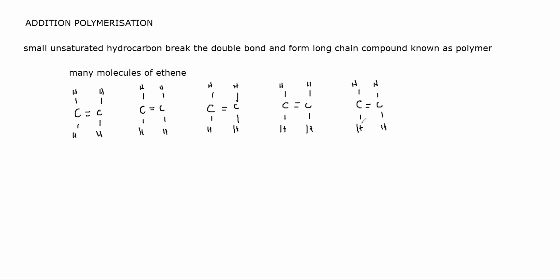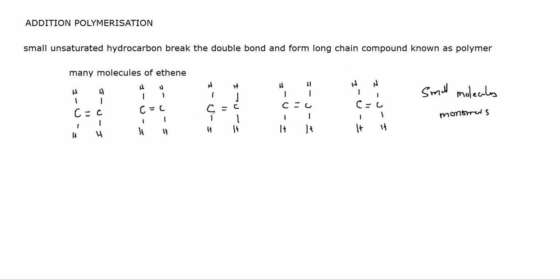These are the ethene molecules. And these small molecules are known as monomers. So we call them monomers.